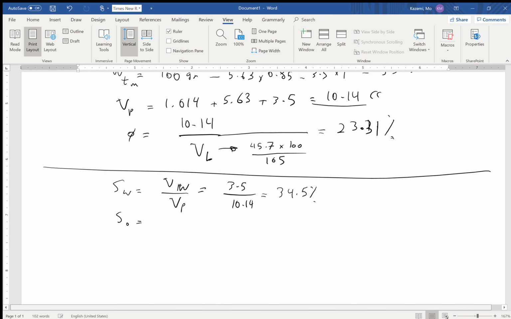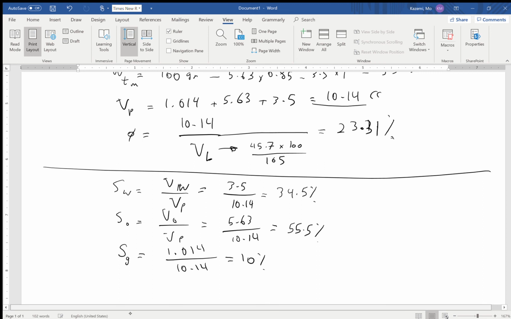Oil saturation, volume of oil divided by pore volume, is 5.63 divided by 10.14, which is equal to 55.5%. Gas saturation is 1.014 divided by 10.14, which is 10%. So that's the gas saturation.